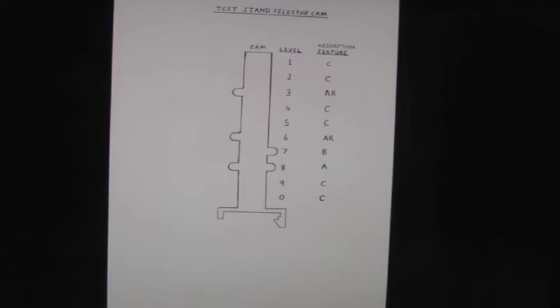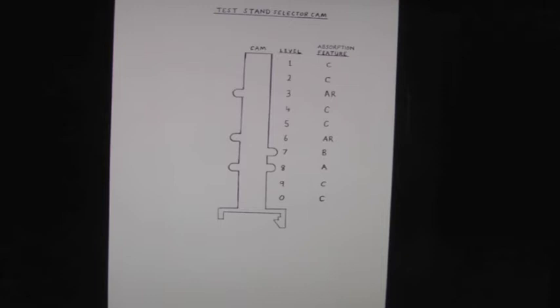So here is how the cam teeth are set up on my test stand selector. There are 4 possible arrangements: no teeth, both teeth, left tooth only, or right tooth only. The 4 absorption features are designated by letters: C for cutting and rotary hunt, AR for absorb repeatedly, A for absorb once and unlock the switch, and B for blocking.